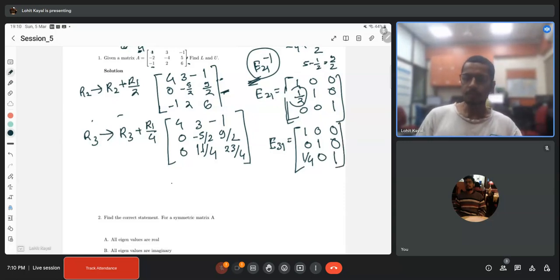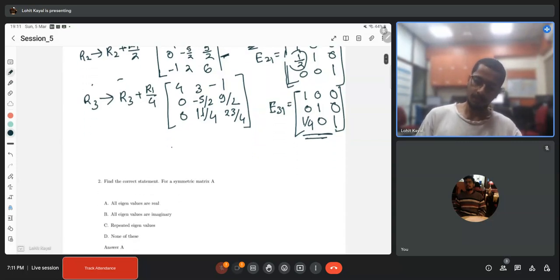So this is the third row. I am multiplying the first row with 1 by 4 and adding with the third row. This is the physical meaning of them. Similarly, E31 inverse will be minus 1 by 4 0 1. In the place of 1 by 4, we just need to put minus 1 by 4.